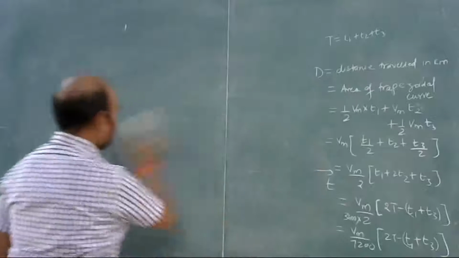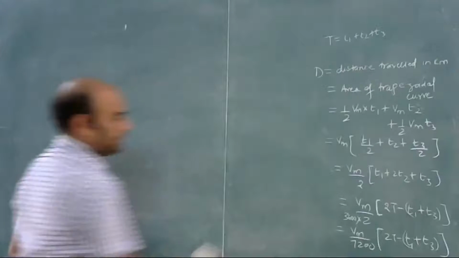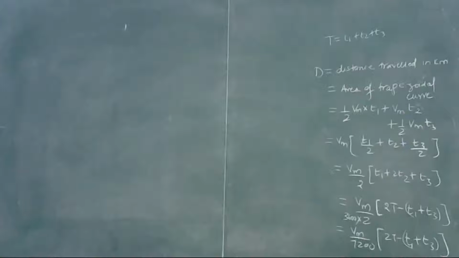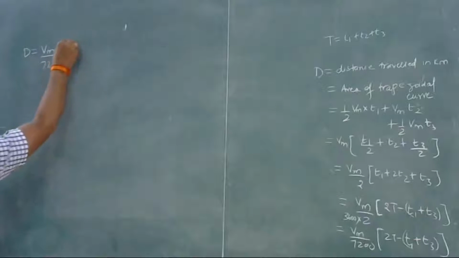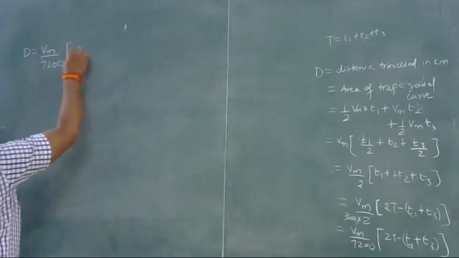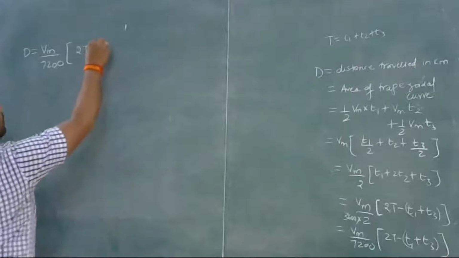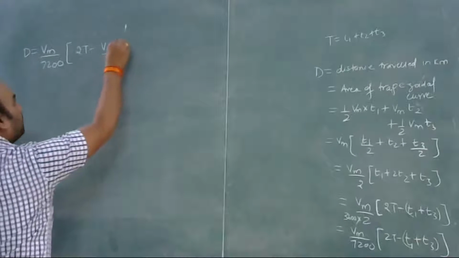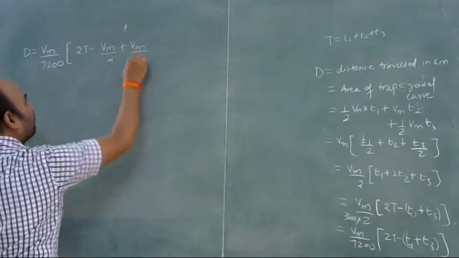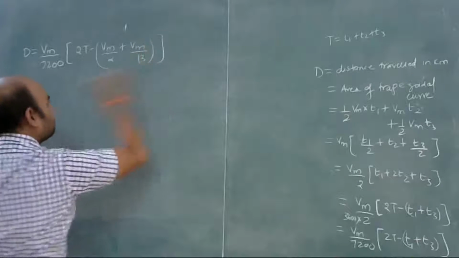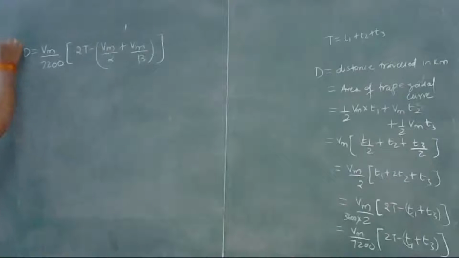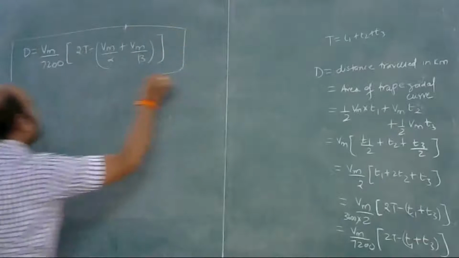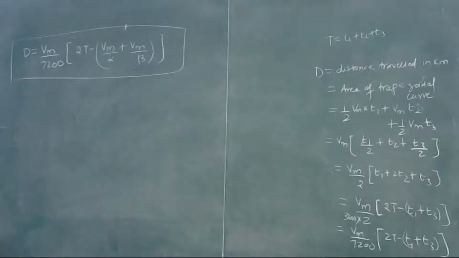Now substitute the value of T1 and T3, we will get the distance traveled equal to Vm upon 7200 into (2T minus Vm upon alpha plus Vm upon beta). So this is the expression of distance traveled by the locomotive.